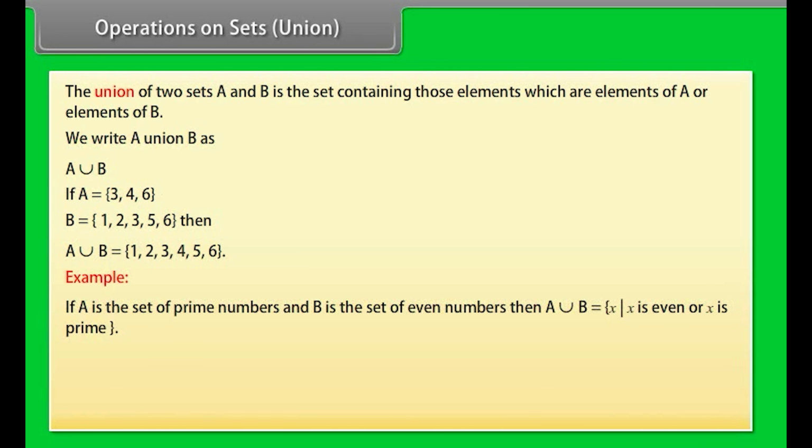Example: if A is the set of prime numbers and B is the set of even numbers, then A union B is equal to {x such that x is even or x is prime}. If A = {x such that x > 5} and B = {x such that x < 3}, then A union B = {x such that x < 3 or x > 5}.